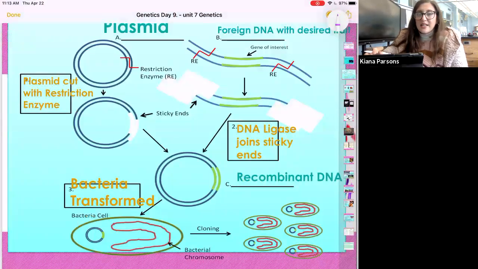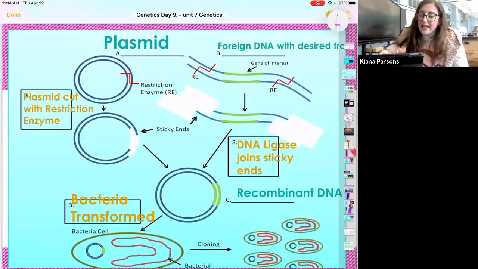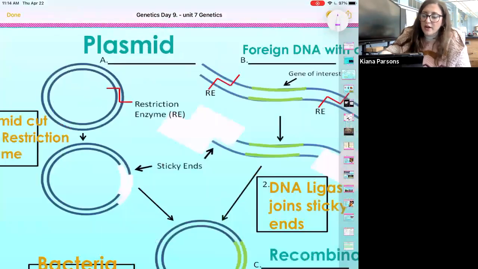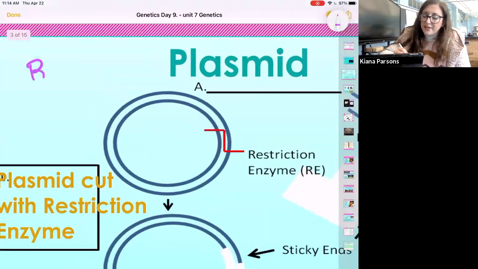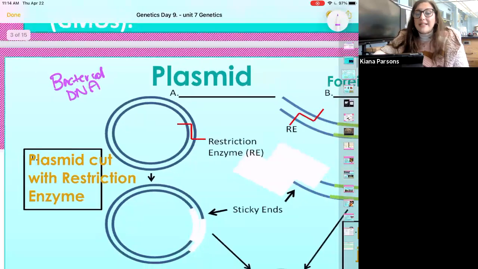Let's take a look at this technology in action. We have here a plasmid, and that is just a word for bacterial DNA. It is the genetic information of a bacteria.